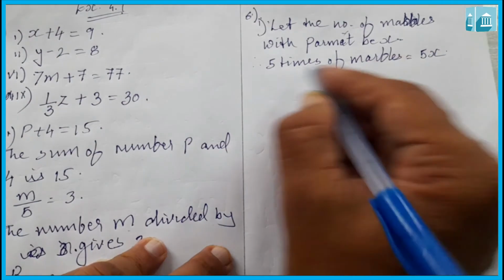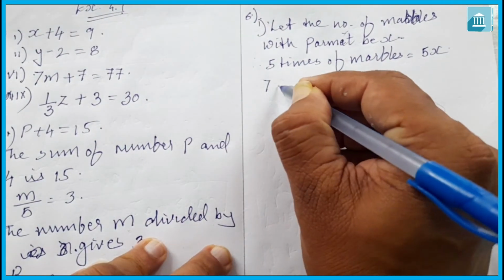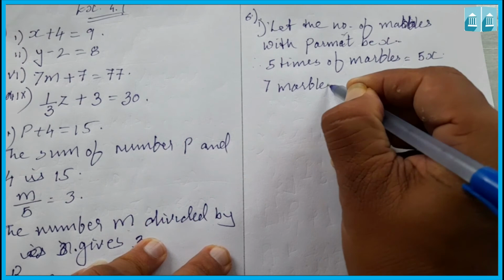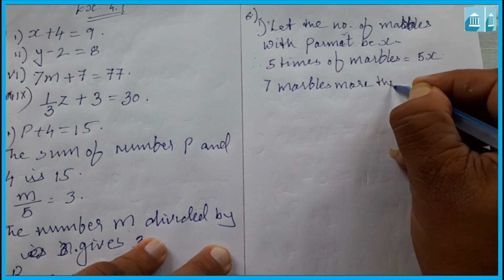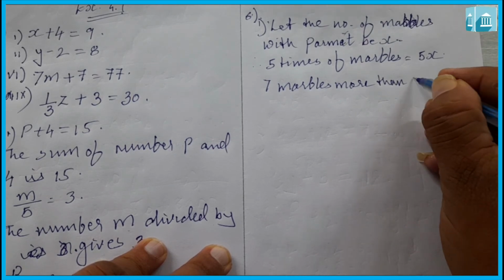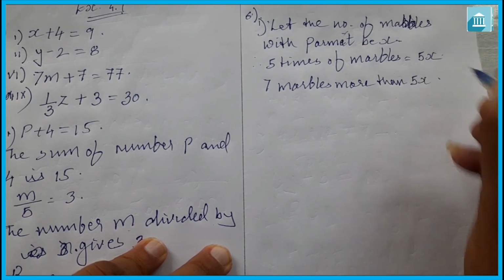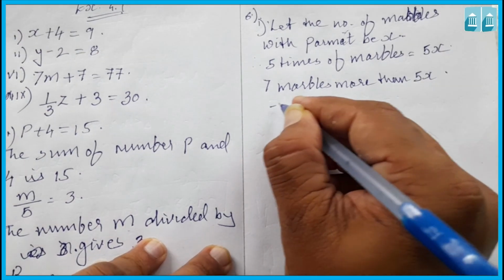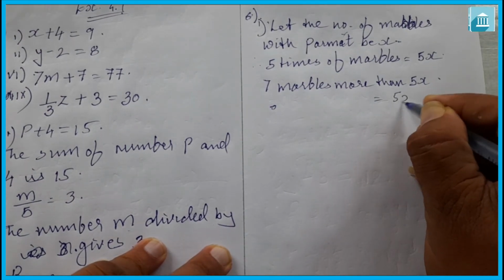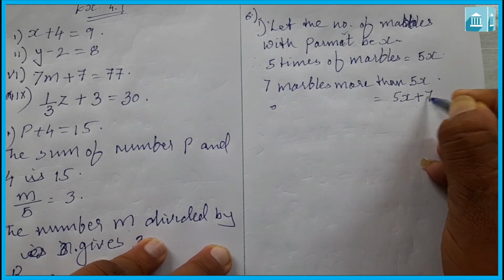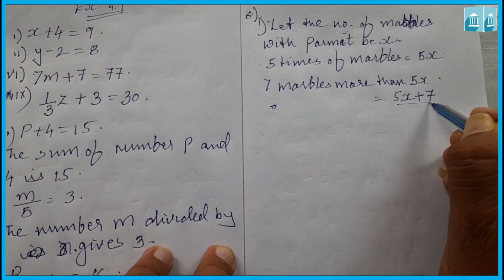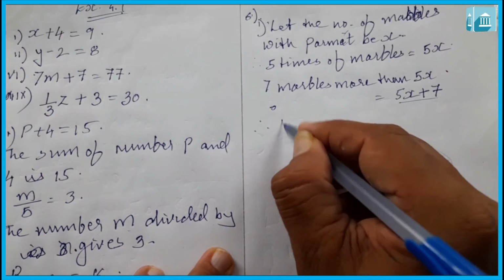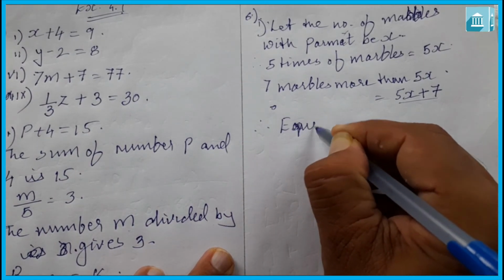So 7 marbles more than 5 times the marbles, that is 5x, is equal to 5x plus 7.